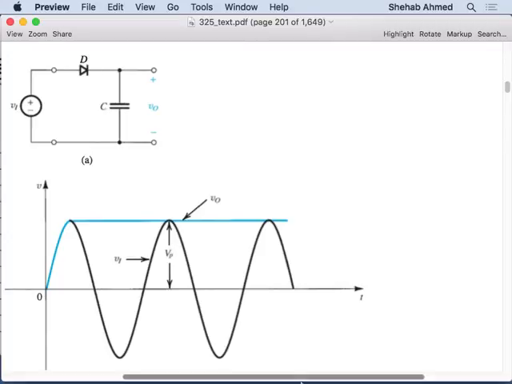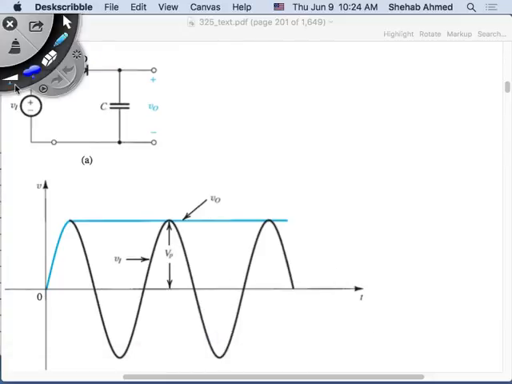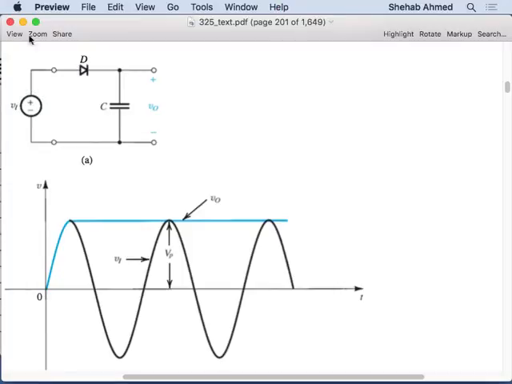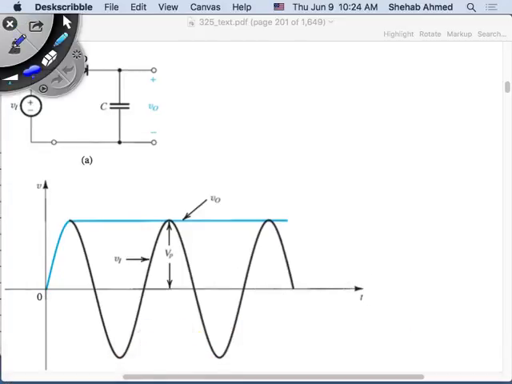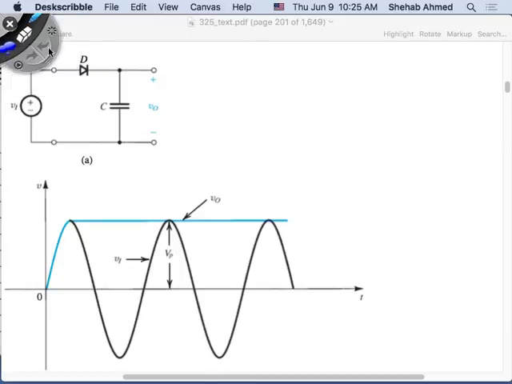The voltage on this side of the diode will be larger than the voltage on this side, because this has been charged to V peak. When the diode was on in the first half cycle, it's charged to V peak. So I have V peak here.